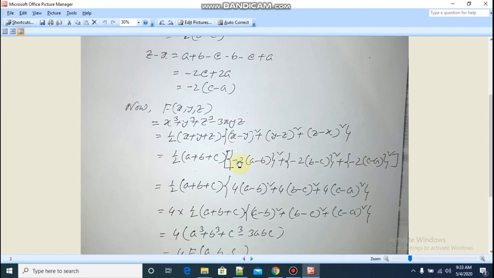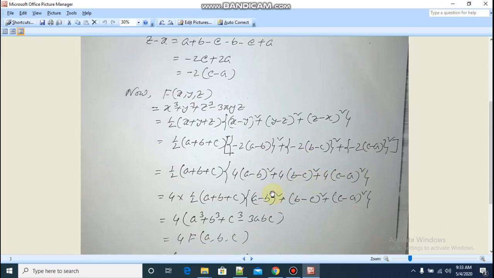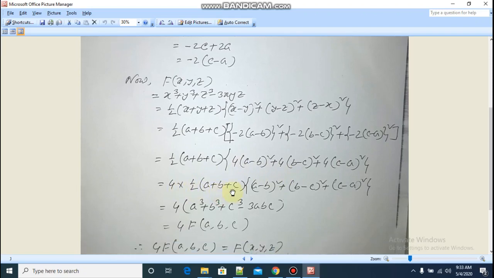After squaring, minus 2 becomes 4, and a minus b whole square. In the same way we can write this. Here 4 is common, so we take 4 as common and we get this.